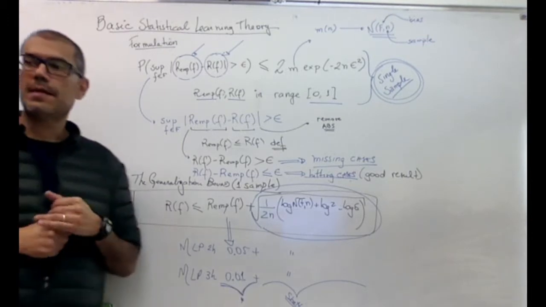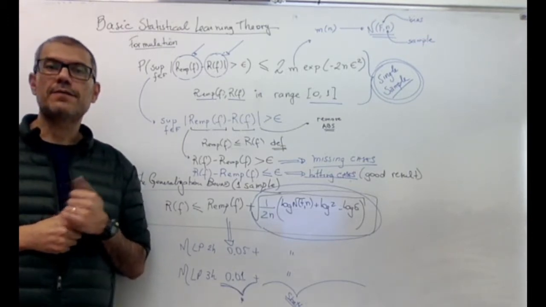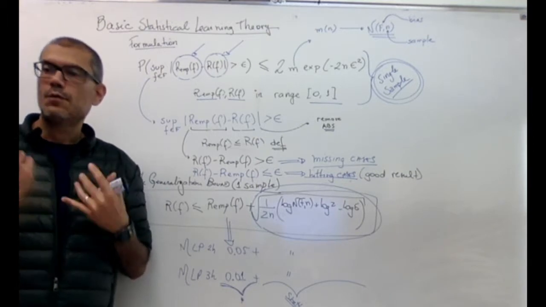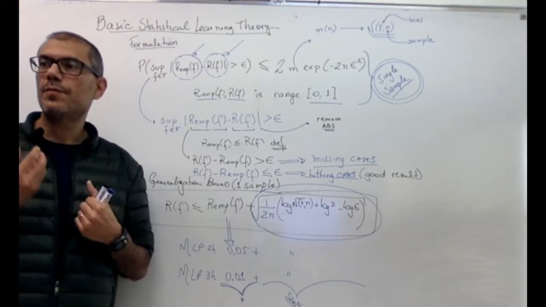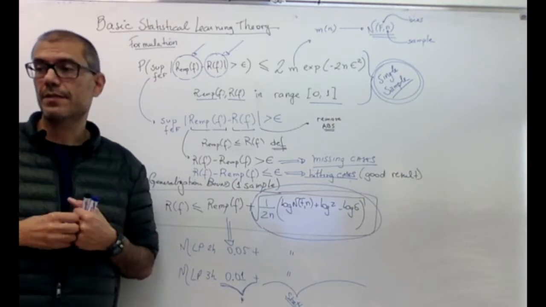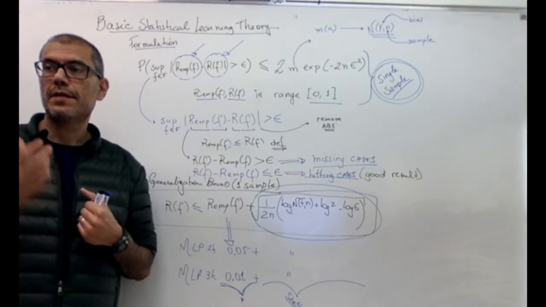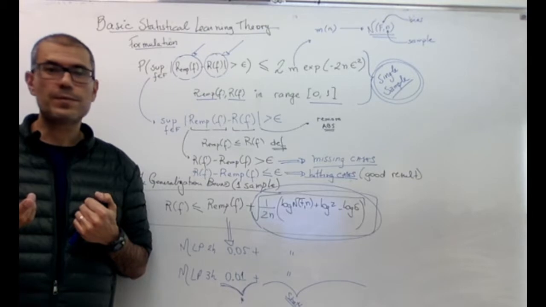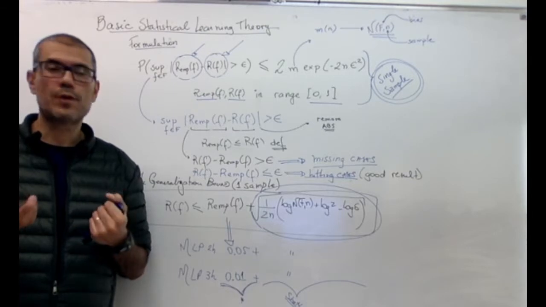Because having 2 samples, we can understand how that will affect learning without necessarily computing the expected risk. The expected risk is not computable for real-world problems.